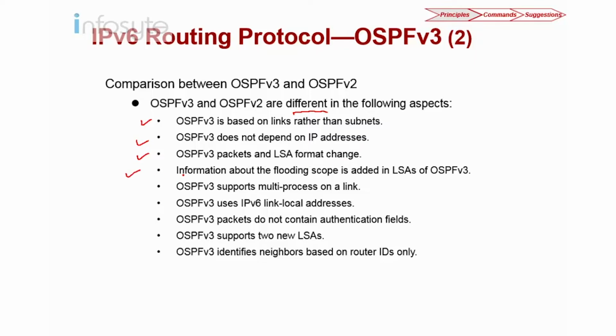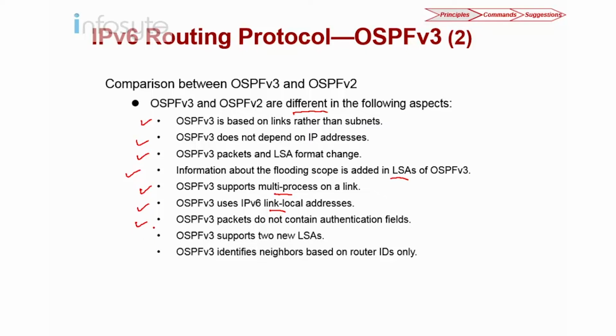Information about the flooding scope: we do have different types of scope in OSPF for the LSA. We can have multiple processes on the link. Compared to previously, where we could enable one link using one process, now we can have multiple instances on the same link. And OSPFv3 uses the link local, which is FE80.